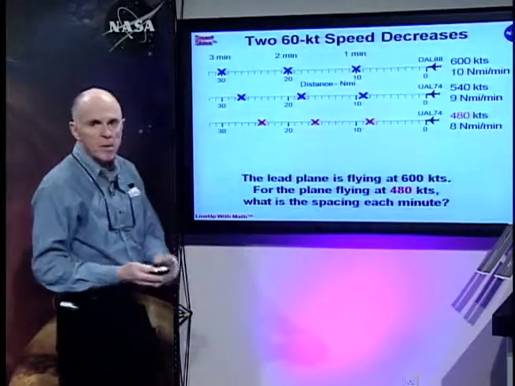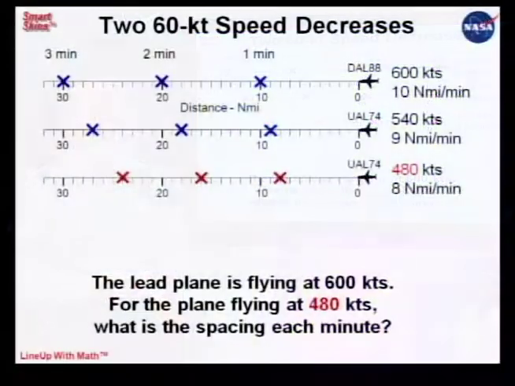Okay, Miriam's going to come back and now tell you about larger speed changes. So you've just seen what happens when you make a 60 knot speed reduction. And we saw that happen in problem 3-8.